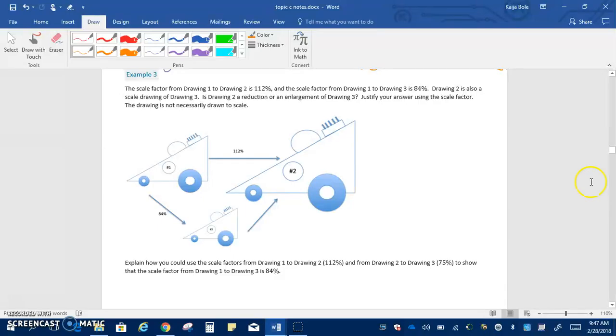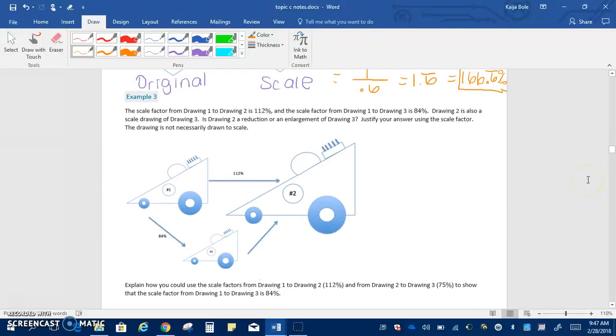Example 3 here gets a little more tricky because now we have 3 pictures, lots of arrows and numbers. It says the scale factor from drawing 1 to drawing 2 is 112%, and they have that on our arrow. And the scale factor from drawing 1 to drawing 3 is 84%. Drawing 2 is also a scale drawing of drawing 3.